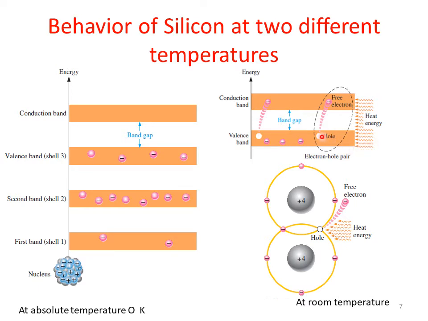As a result, some of the electrons get excited, they get more energy, and when they get more energy, they jump into the conduction band. This all is actually happening at room temperature. As I mentioned earlier, room temperature serves as a high temperature for the semiconductor material, and at that temperature valence band electrons cannot sit stably in their band, and some of them acquire energy and they jump to the conduction band.